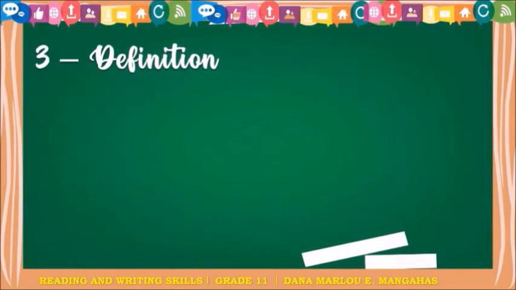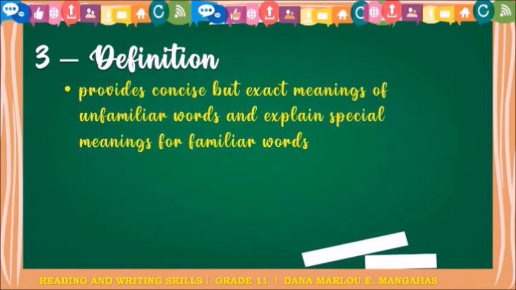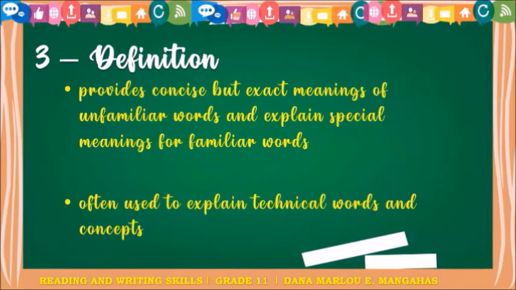The third pattern is through definition. Definitions provide concise but exact meanings of unfamiliar words and explain special meanings for familiar words. They are often used to explain technical words and concepts. It can be done in either of two distinct methods.